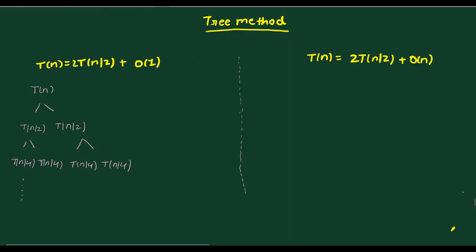And so on, isn't it? And at each level we are doing 1 unit of work. So here it is 1, here it is 2, here it is 4, somewhere it will be 8, and so on, right? And if you see, this is basically 1 plus 2 plus 2 square and so on, right?